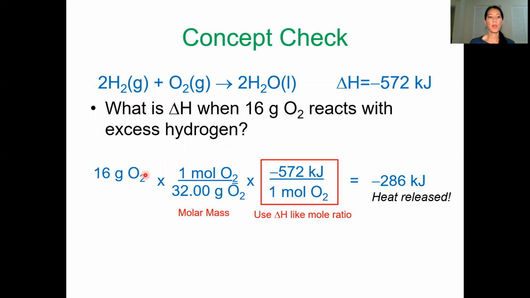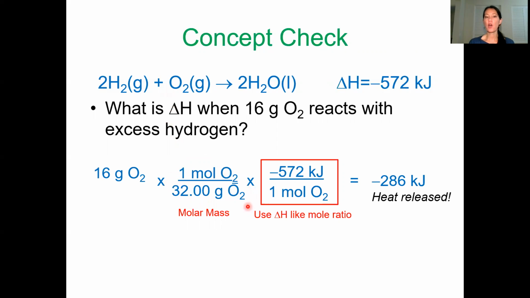I start out with what I'm given, the 16 grams of O2, and then I go grams to moles. I use molar mass. And since I'm talking about O2, I get the mass of 2 O's: 16 plus 16, I get 32. And so 32 grams per 1 mole of O2. It's always per 1 mole for molar mass. Doesn't matter what it says up here or what it says here.